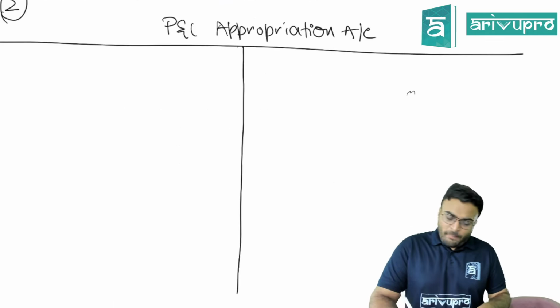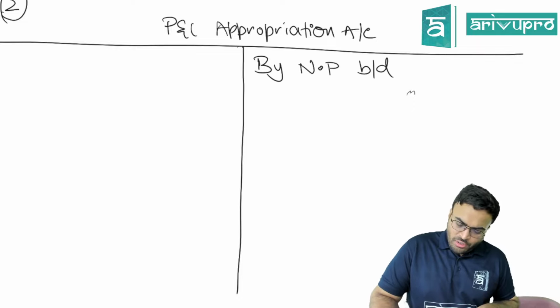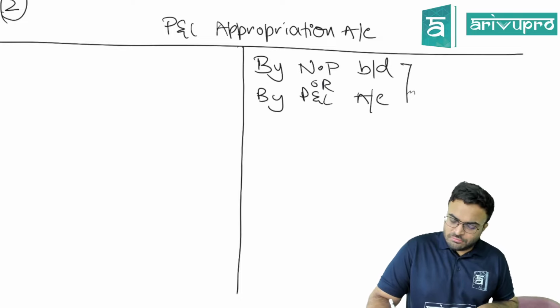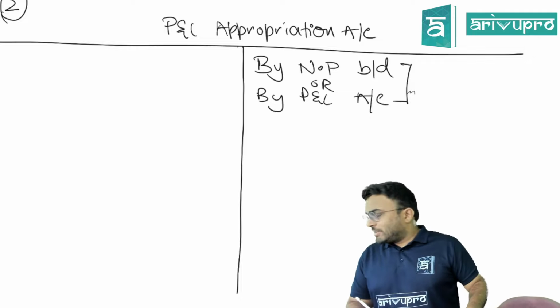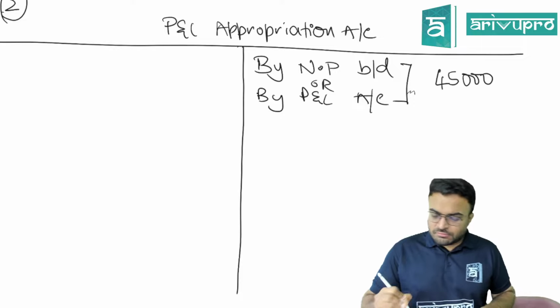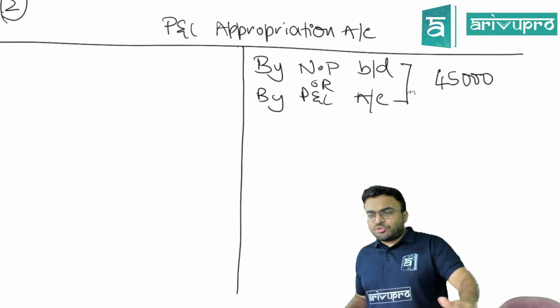So what we will do? By net profit brought down, or you can also write by P&L account, because from P&L only the profit is coming down. The profit is 45,000. Now interest on loan we are supposed to give. To which partner?